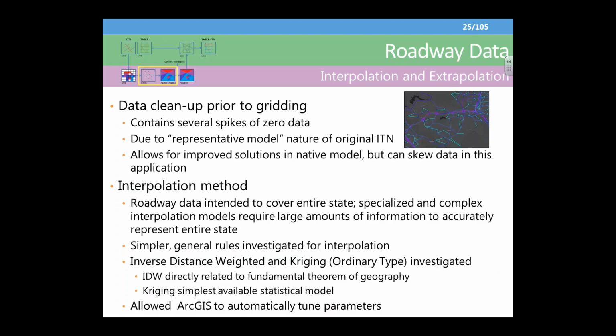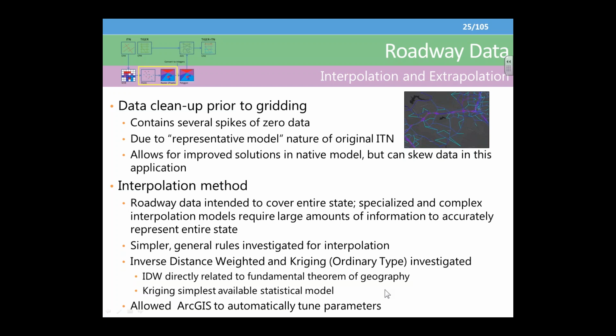A couple of notes in case anybody is familiar with ITN or has used it before, or MFAC, or has read up on it. Since it is an equivalent model to the real roadway network, there are some linkages in it that are very non-real, and they contain zero flow, but they're there essentially for the solution of the model in its original form to be completed more easily.